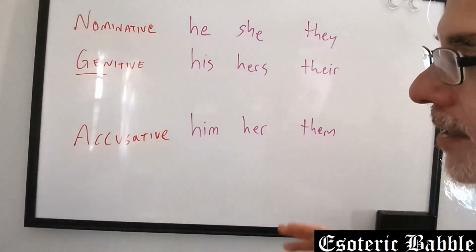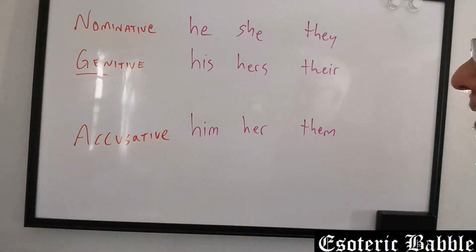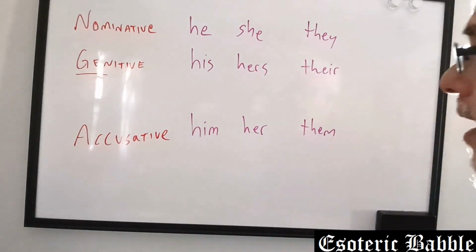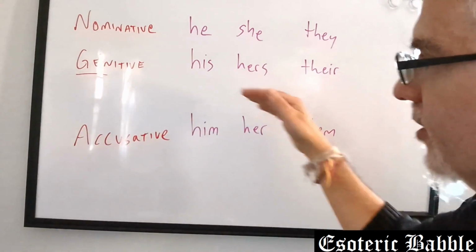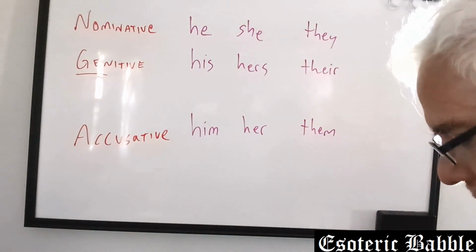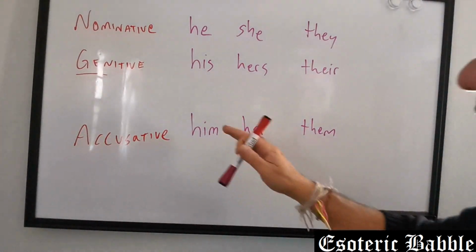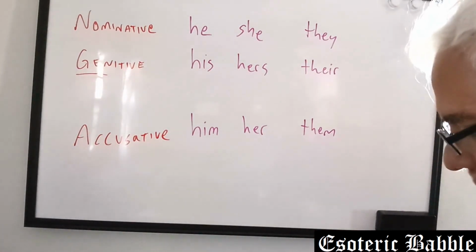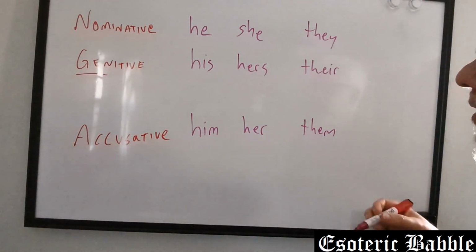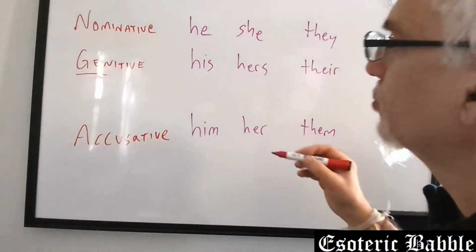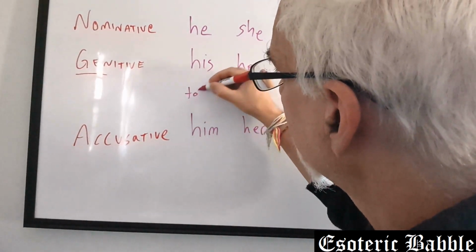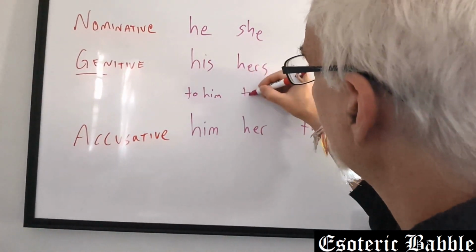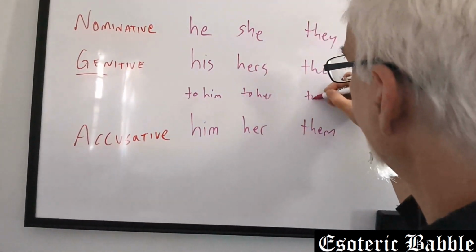So there's actually two more cases in ancient Greek, and we'll talk about one here. It's why I left some space here. In English, we don't have a single word for this next one. So, for instance, say the teacher gives to him a book, gives a book to him, to her, to them.